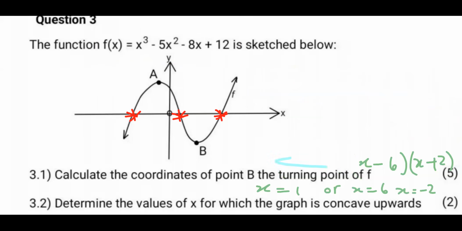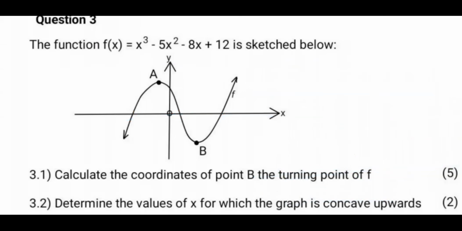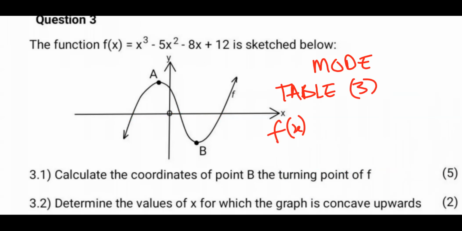Before I show you how to do synthetic division, I'll show you an even lazier way of doing this. Take out your calculators quickly and press mode. Then go to table. It's button number 3, or if you have the fancier calculators, I think it's button number 7. You should get an f(x) now, and in f(x), just punch in this function.